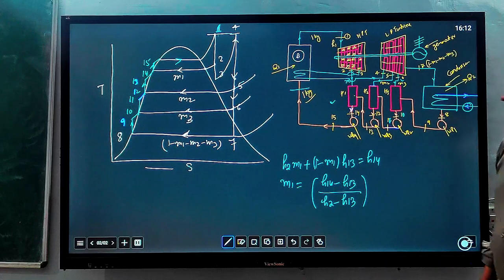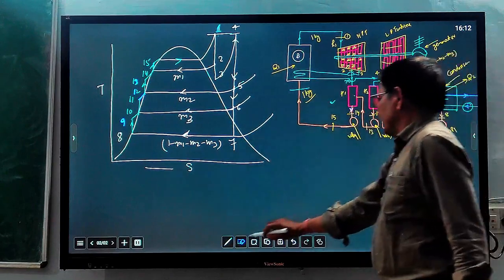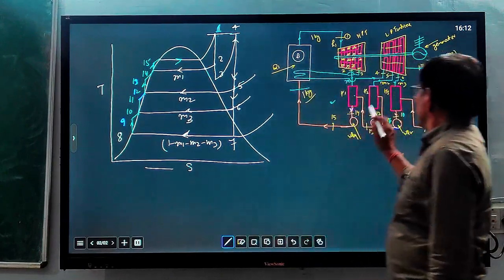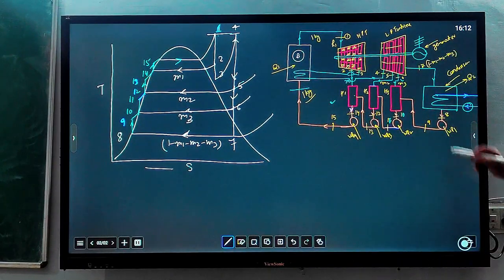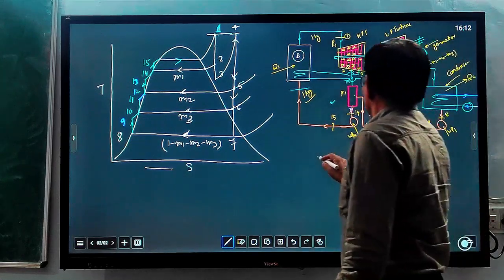Now write the energy balance equation for heater number 2. Again apply incoming masses and outgoing masses for heater number 2.